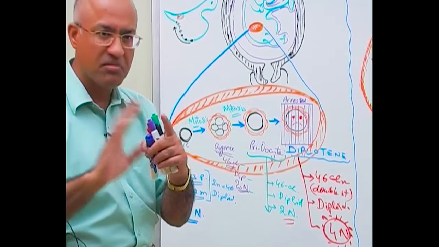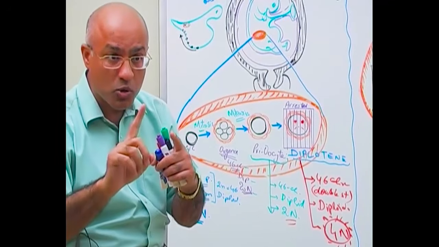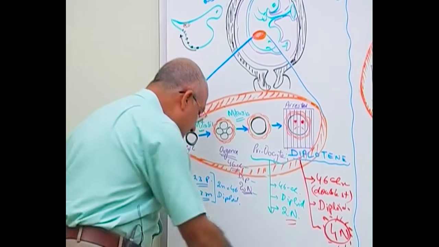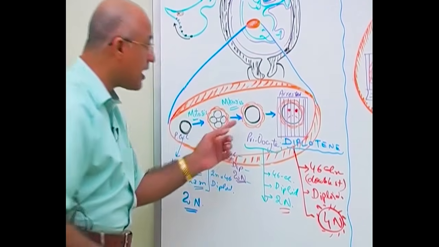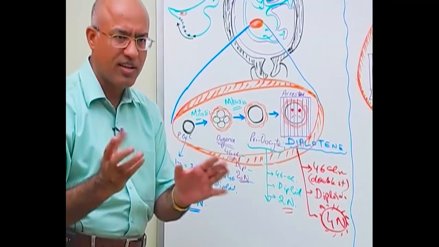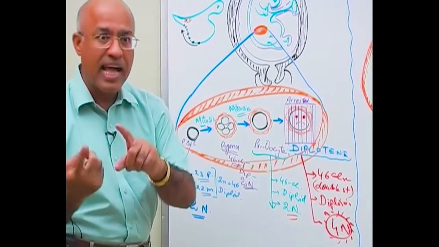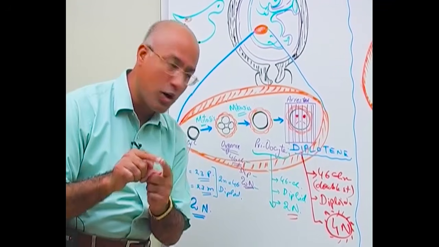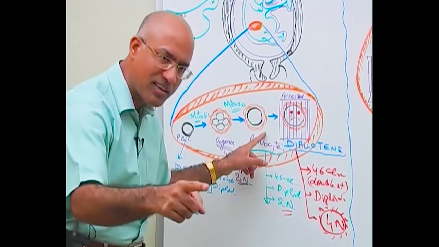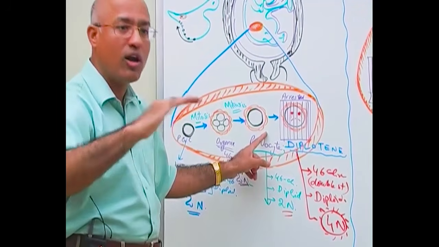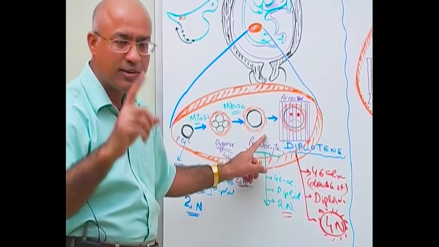At birth there are no oogonia. What really happens is that before birth, many of the oogonia degenerate, but all the surviving oogonia have been converted into primary oocytes. At birth there are 2 million primary oocytes.